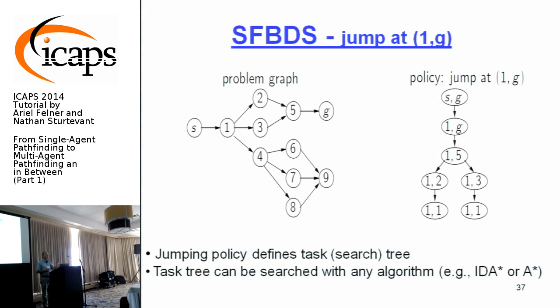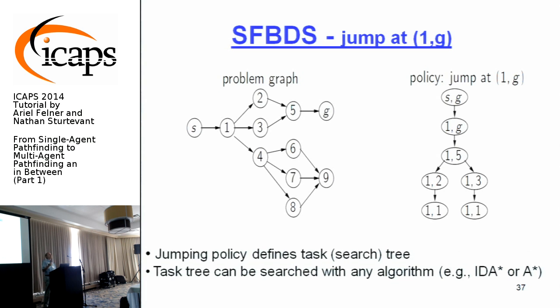So the tree here is, you could see that in the end I have 2 gold nodes because the gap is closed between 1 and 1 and 1 and 1 on both sides, but the tree here is much smaller. In fact, what we need is what we call a jumping policy, where at every node you have to decide what side to expand.